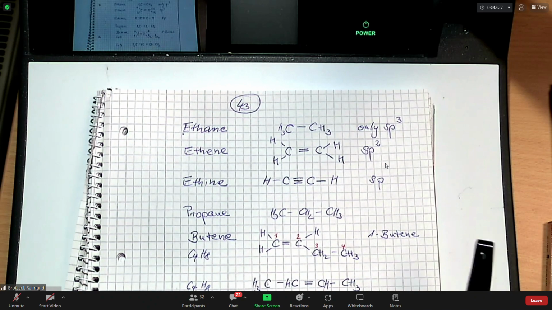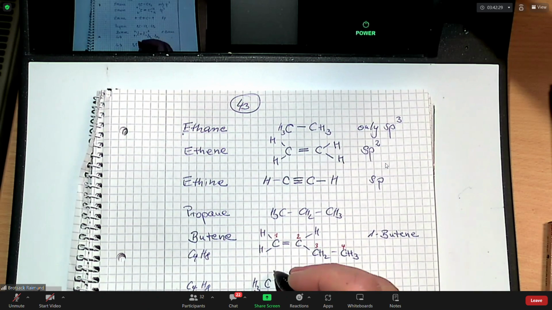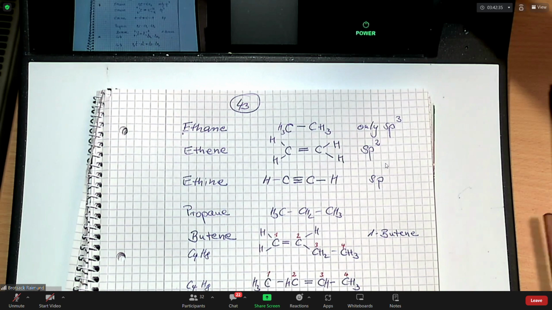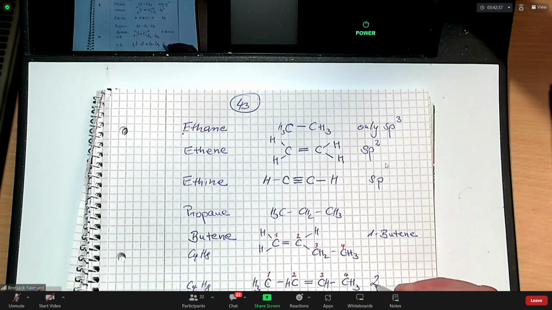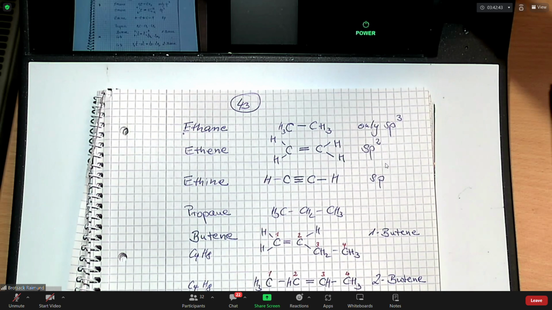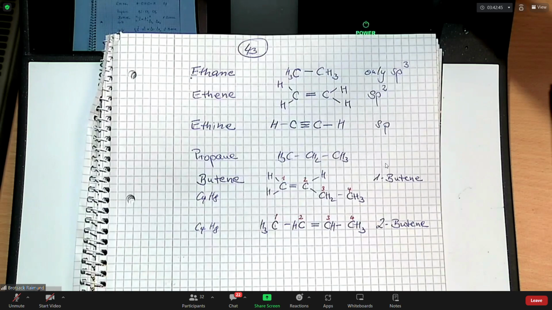But now the placing of the double bond is on position 2. So it's a 2-butene. We can write but-2-ene or 2-butene.